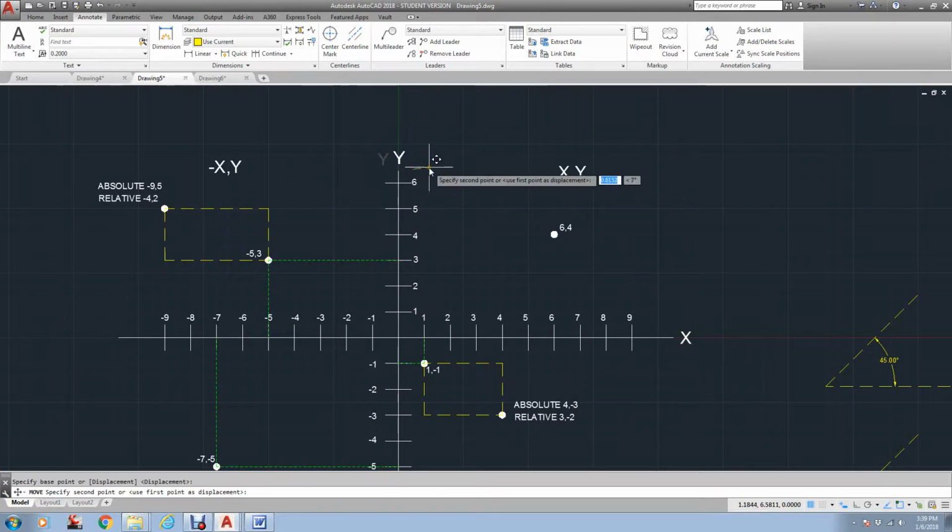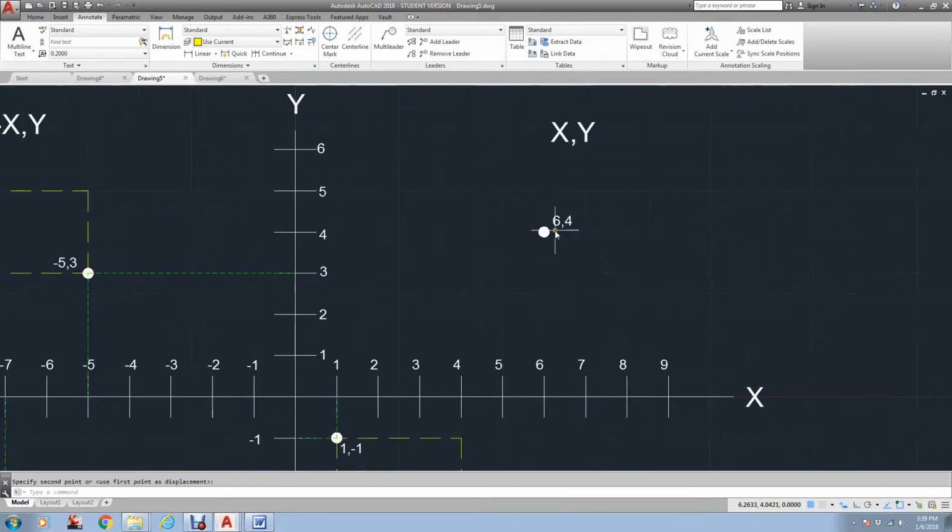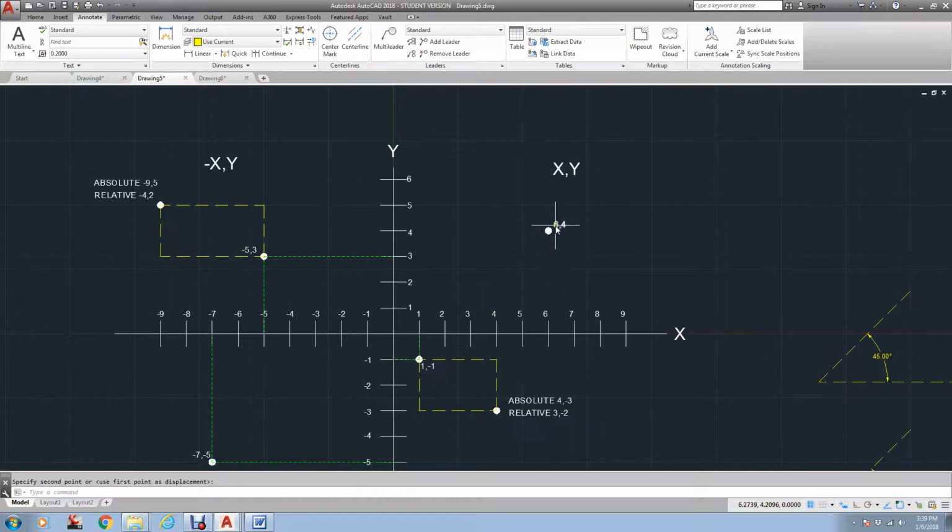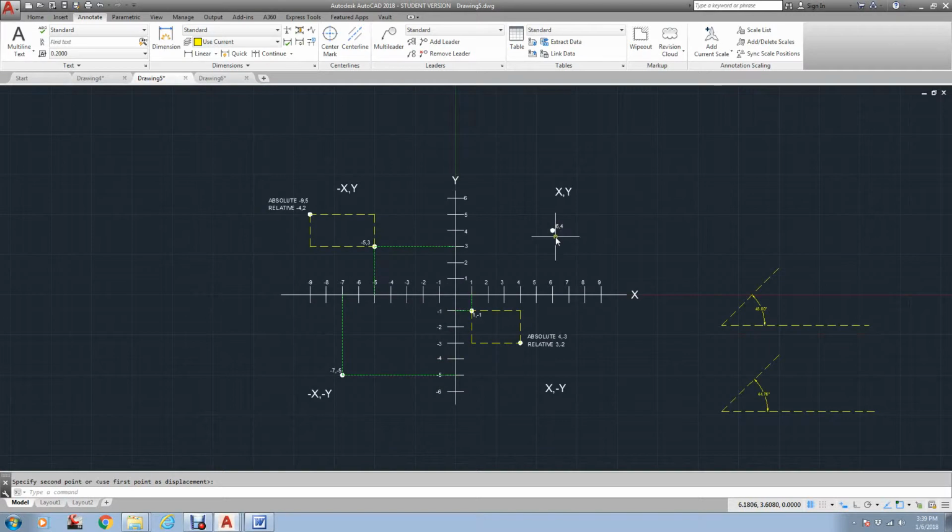So on this point right here, it's 6, 4, so you go 6 on the x, 1 2 3 4 5 6, and then you go up 4, 1 2 3 4. They're both positive. With the graph, you've got four quadrants. That's where quad comes from, Spanish for four, cuatro.